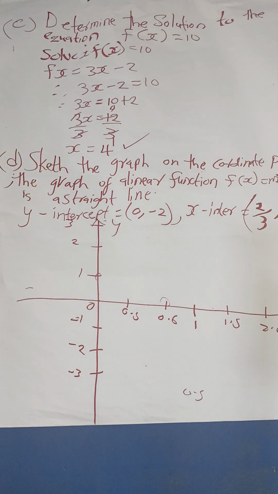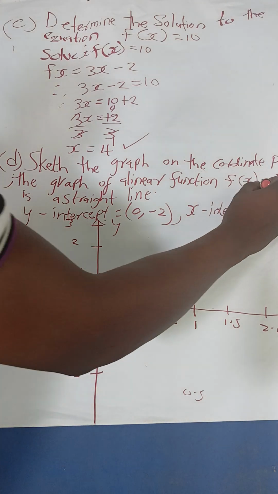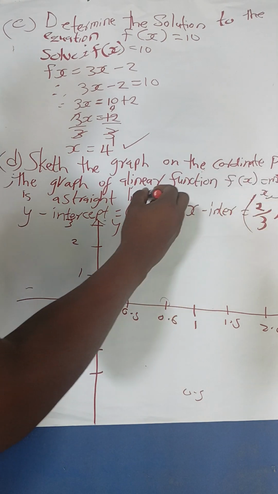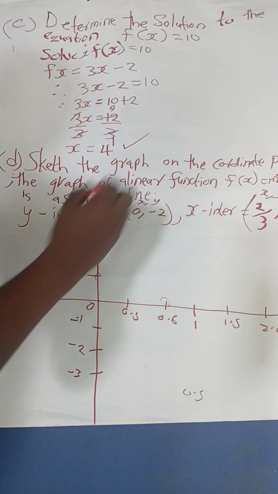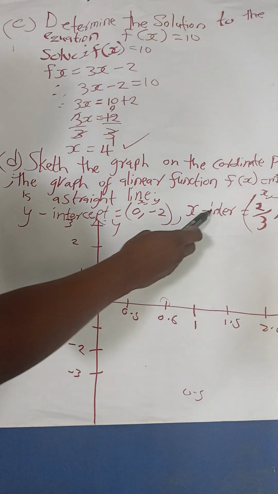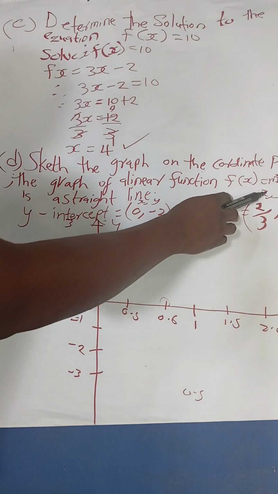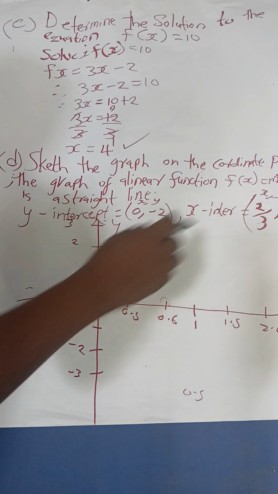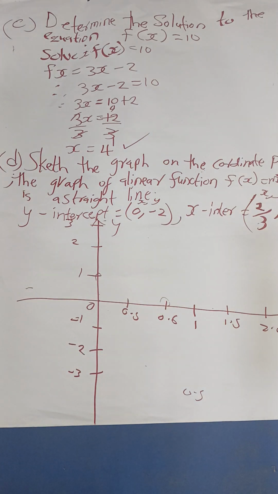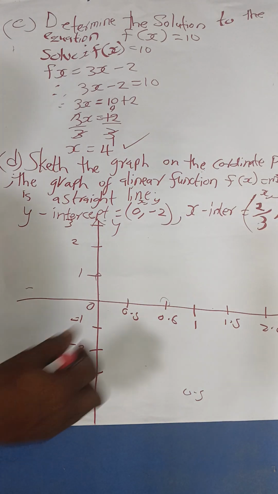We want to plot on the coordinate plane, starting with the x. Remember, this is in the form of xy. If you are plotting on the x, x is 2/3, which is just the same as 0.6 something.